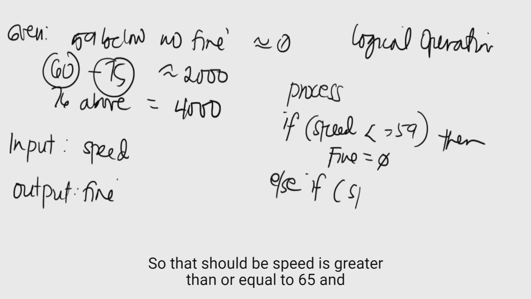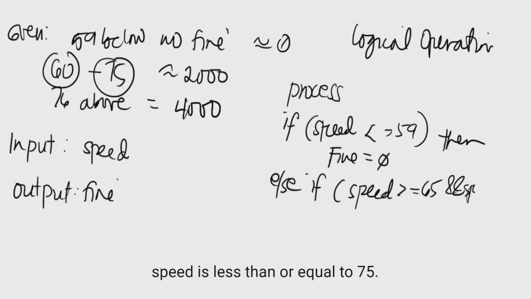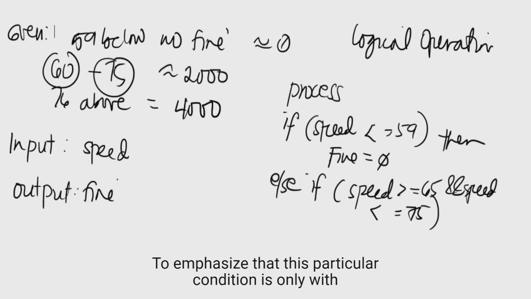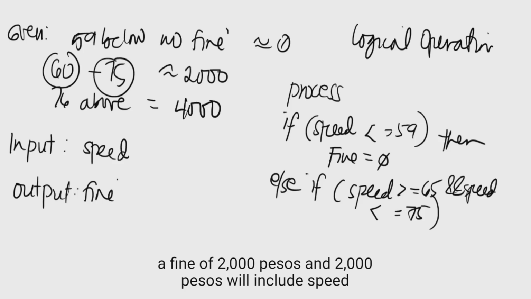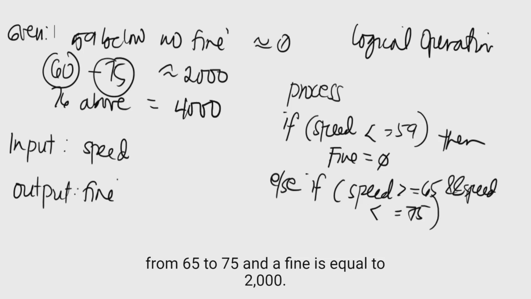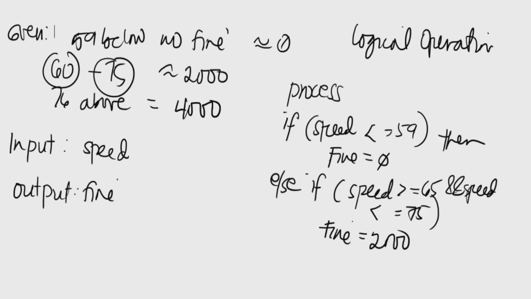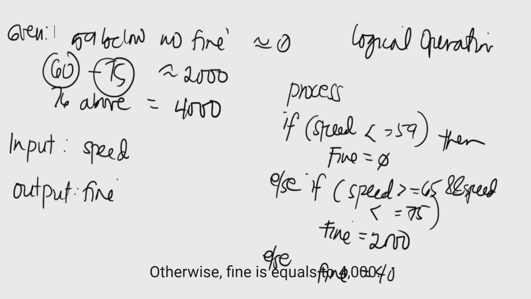So that should be speed is greater than or equals to 60 and speed is less than or equals to 75, to emphasize that this particular condition is only with a fine of 2,000 pesos. And the fine is equals to 2,000. Otherwise, fine is equals to 4,000.